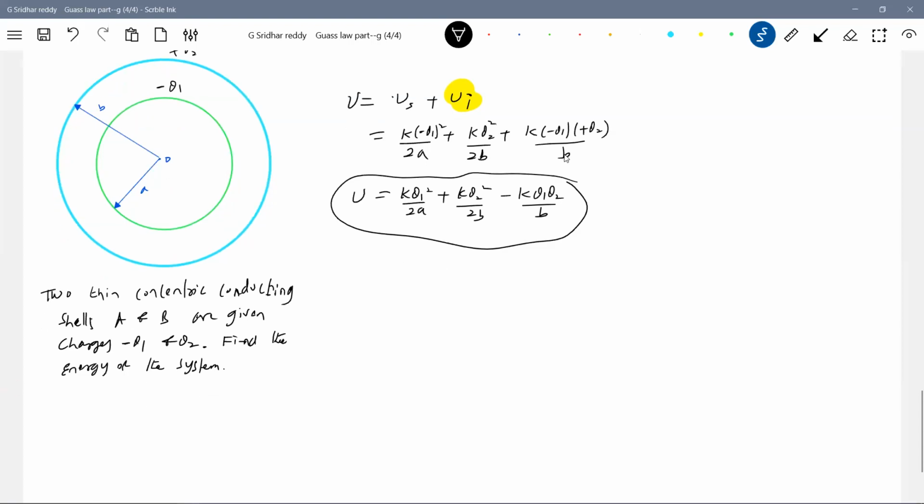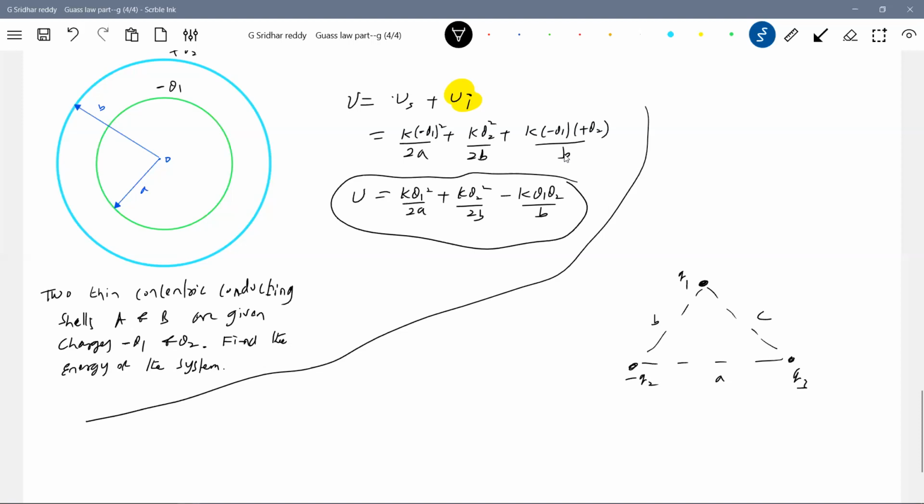Why I asked this question is, I have 3 point charges, Q1, minus Q2, plus Q3, separated by distances A, B, C. What is the energy of this system? No self-energy will come, only interaction potential will be there.